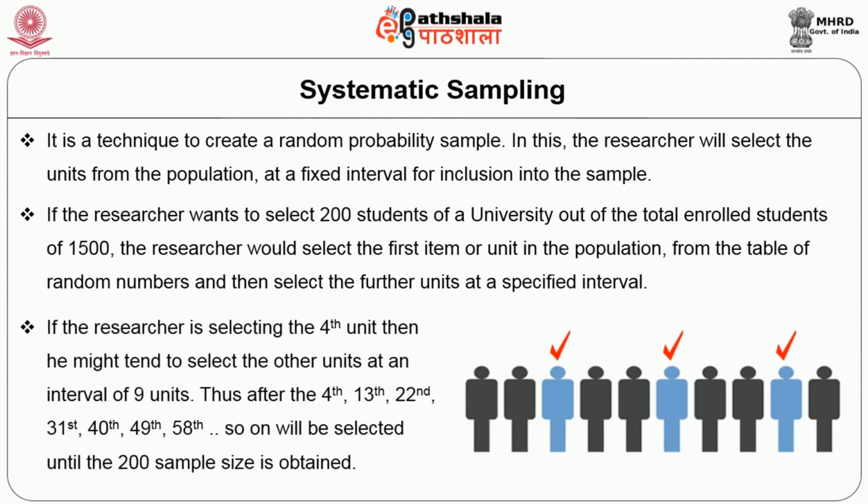If the researcher is selecting the fourth unit, then he might tend to select the other units at an interval of 9 units. Thus, after the 4th, the 13th, 22nd, 31st, 40th, 49th, 58th and so on will be selected until the 200 sample size is obtained.